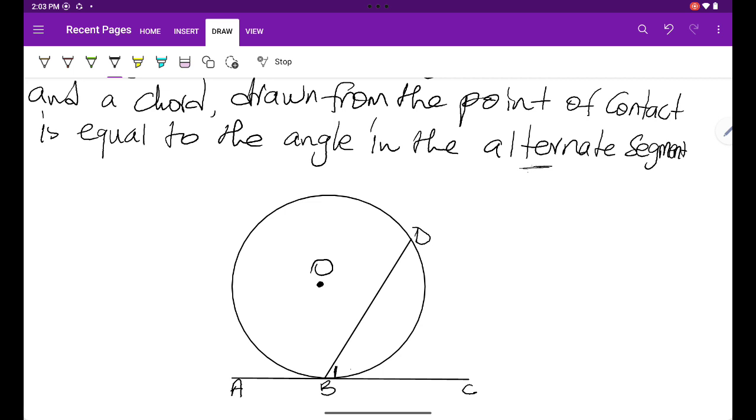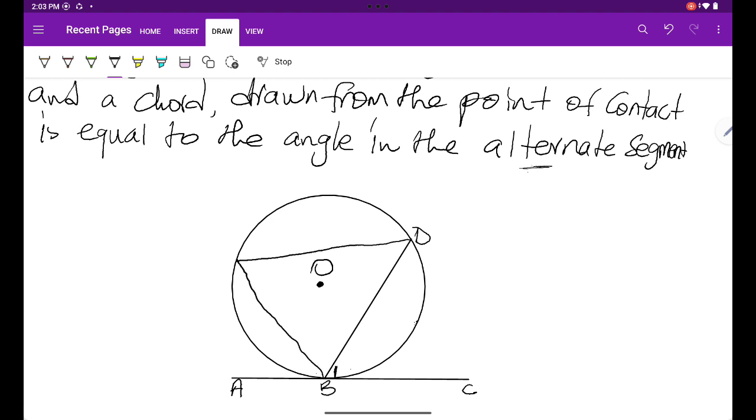So if it is this one, which we said is B2, then it must be equal to the angle in the other segment. So it means chord BD must subtend an angle here. Right, so let's see. If we talk about B1, the angle must be subtended in the other segment.